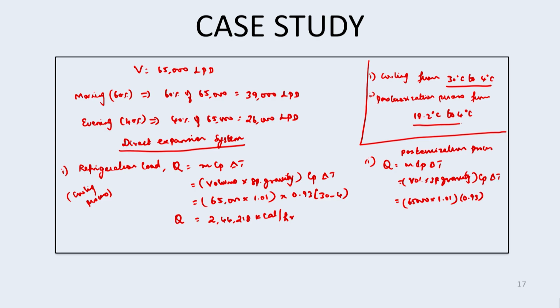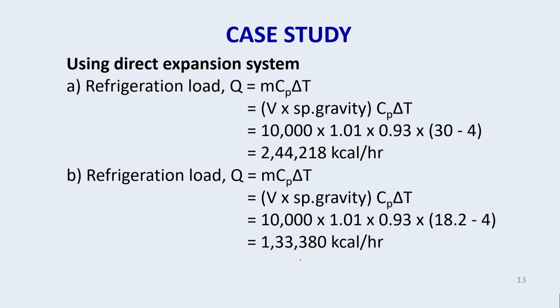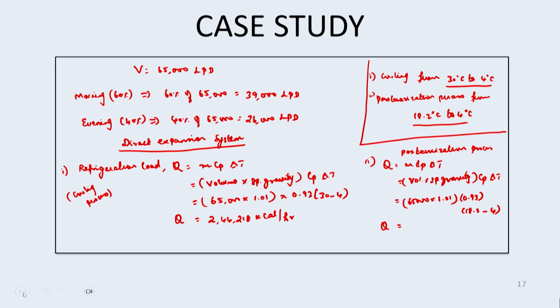Delta T is from 18.2 to 4, 18.2 minus 4. It comes to 1,33,380 kilocalories per hour.